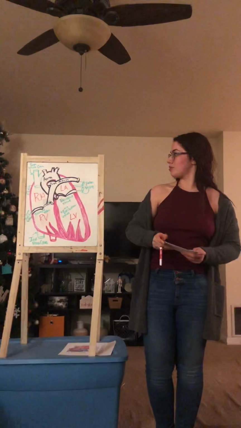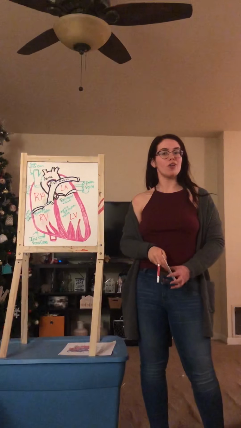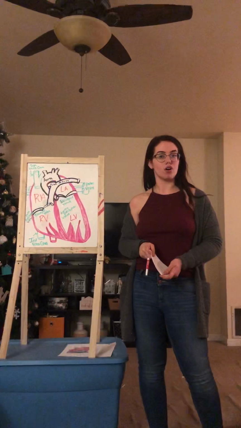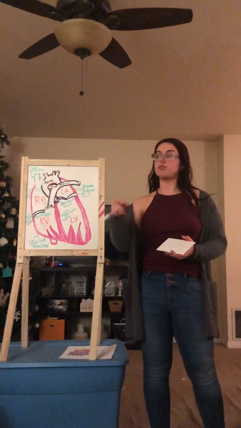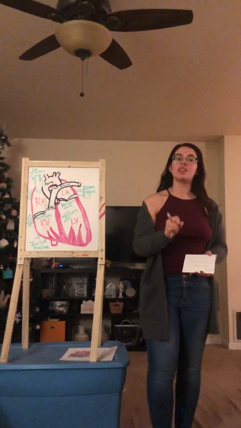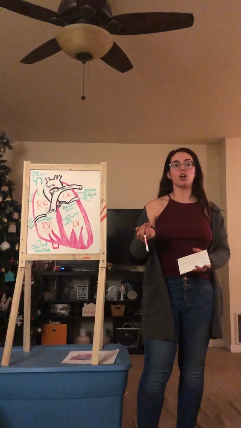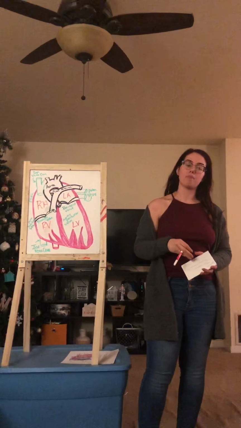Now, those two things I talked about, the arteries and the aorta, I'm gonna explain that now. Those are the blood vessels of the heart, and that's how things either get taken to the body or get brought back to the heart. The way I remember it is that arteries take blood away from the heart, and veins bring it back.